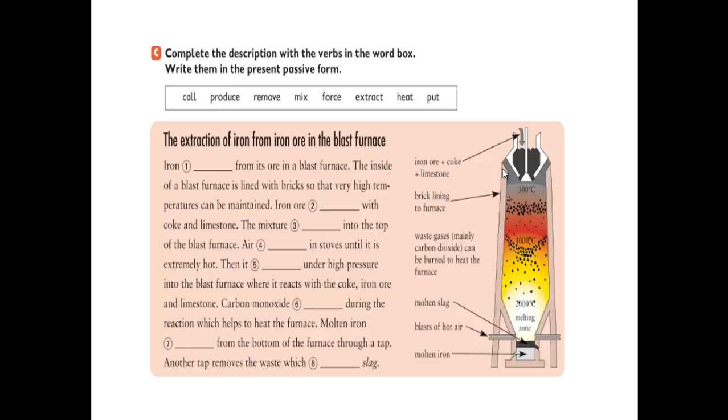Carbon monoxide is produced during the reaction, which helps to heat the furnace. Molten iron is removed from the bottom of the furnace through a tap. Another tap removes the waste, which is called slag.